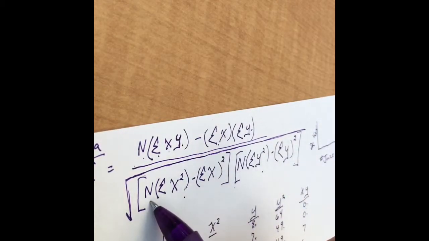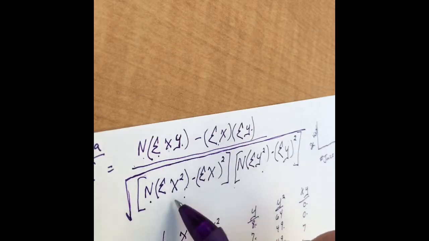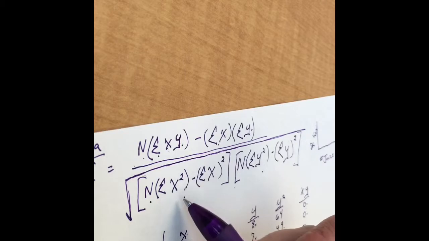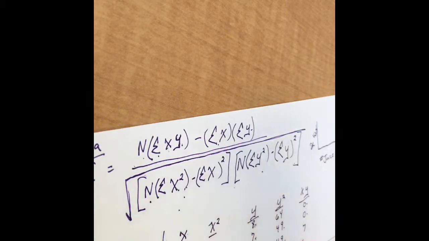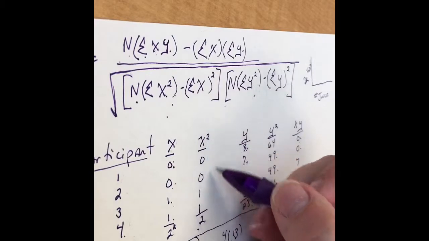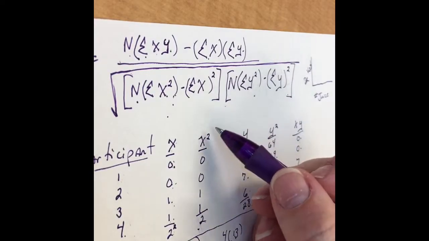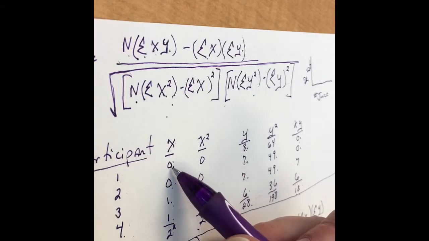Again, we have n, which is the number of participants, times the sum of the x's squared. Now, this doesn't mean you just add up all the x's and then square them. This means we have to square each x first and then add it to the next one. And that's this column here that I told you to just ignore for the moment. So we have to take each raw data point and square it.